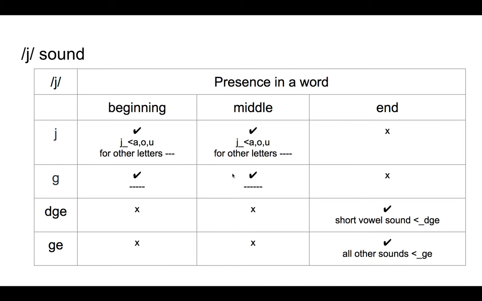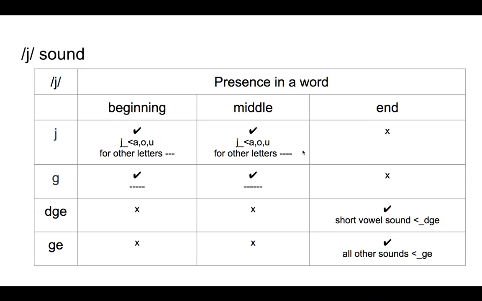Now this is the summary. We use the letter J at the beginning of a word for the J sound if it comes before the vowels A, O or U. This is a rule. For all other letters, we don't have a rule.